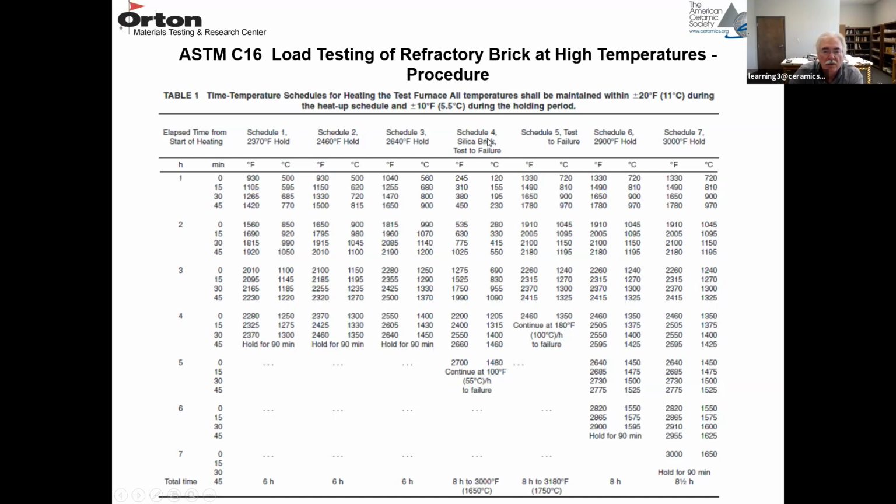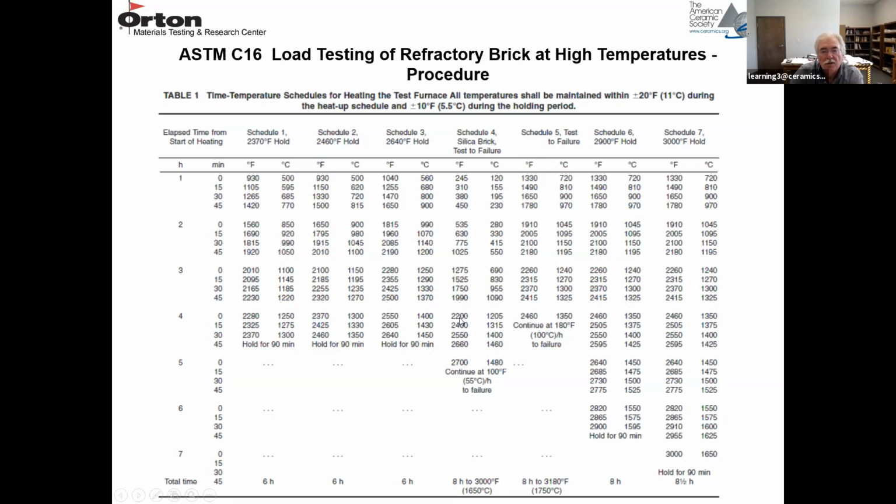And when we talk about silica bricks, they have an interesting creep behavior. They actually creep very little up until the temperature they completely fail. So they hold their load rather well, and all of a sudden they develop a liquid phase and have complete failure.